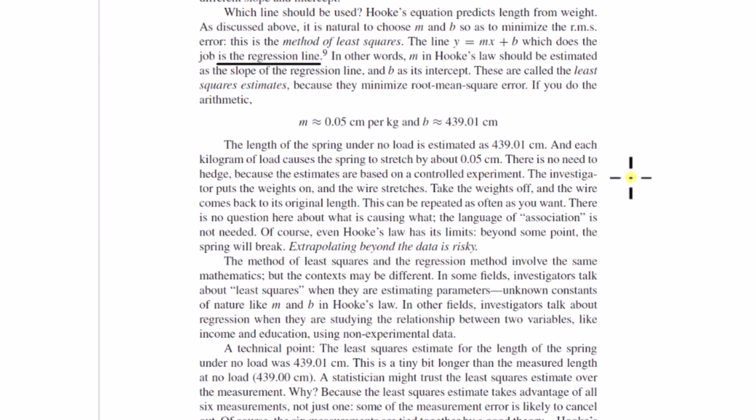So they're making a statement about a controlled experiment, which this would be, really controlled. This spring in a lab, you're putting different weights on, getting the measured length. There are no confounding variables here, very, very little. So you can look deeper into the meaning of the regression line in that case than you can for an observational study.